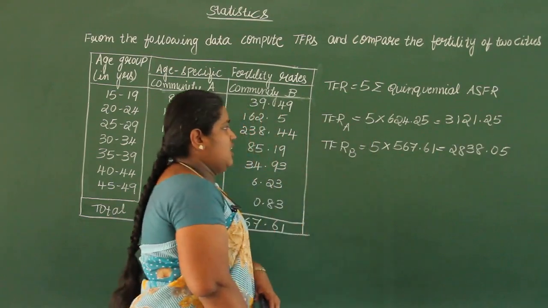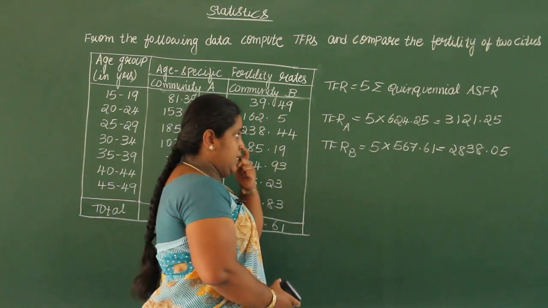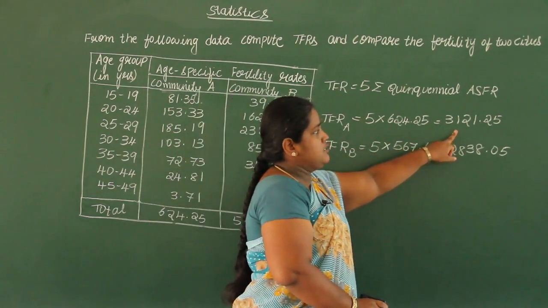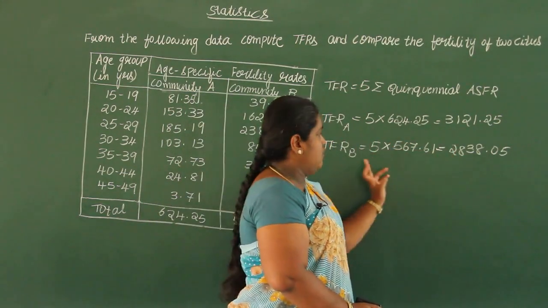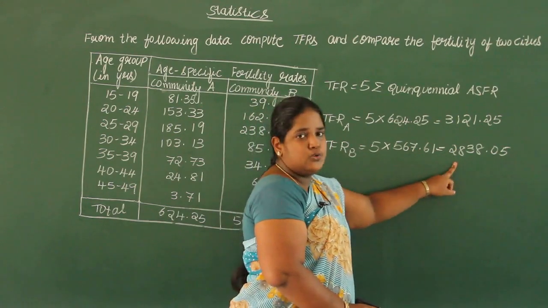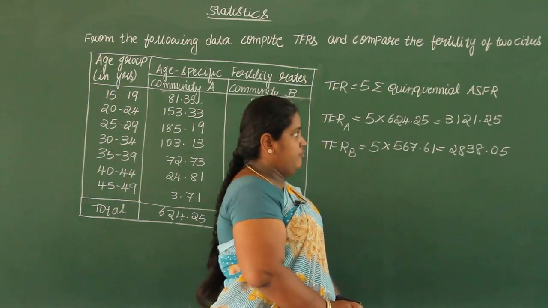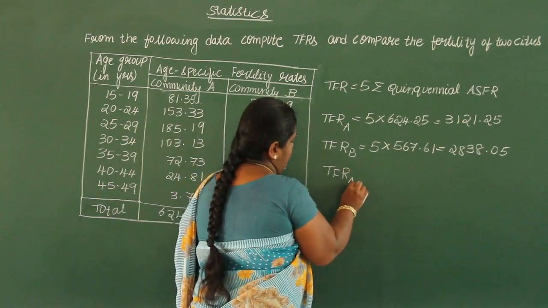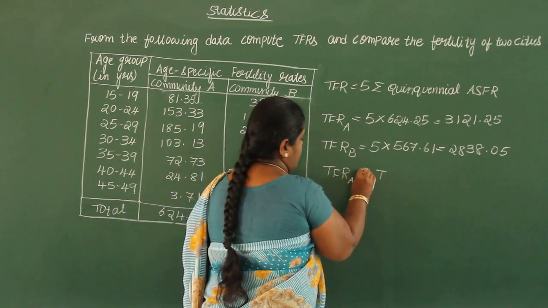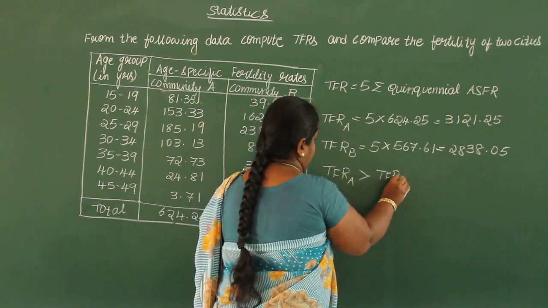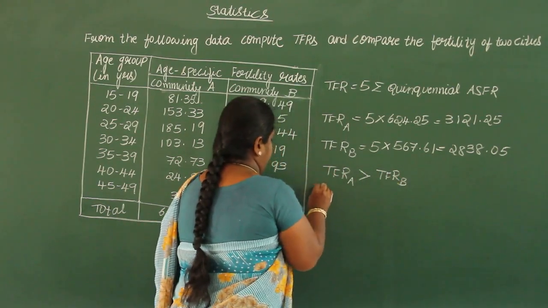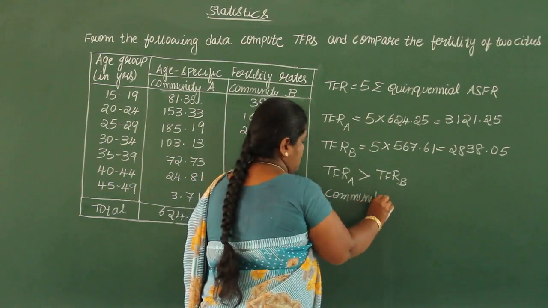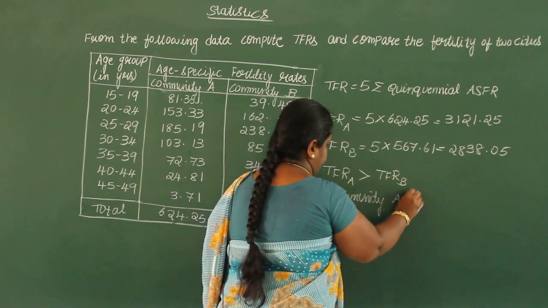Now compare the TFR of community A and community B. So TFR of community A is 3121.25 and community B is 2838.05. So community A value is more. So TFR of A is greater than TFR of B. Therefore, community A is more fertile.